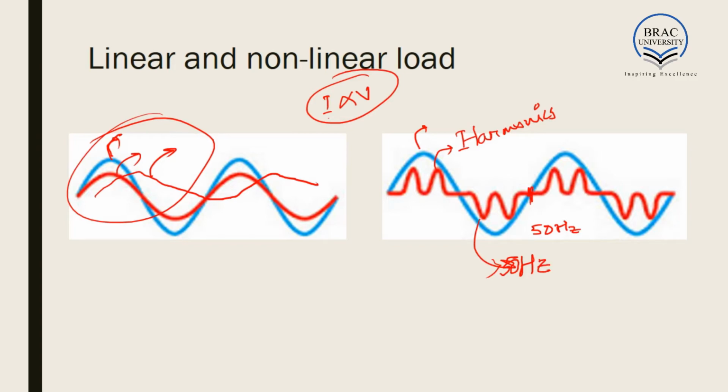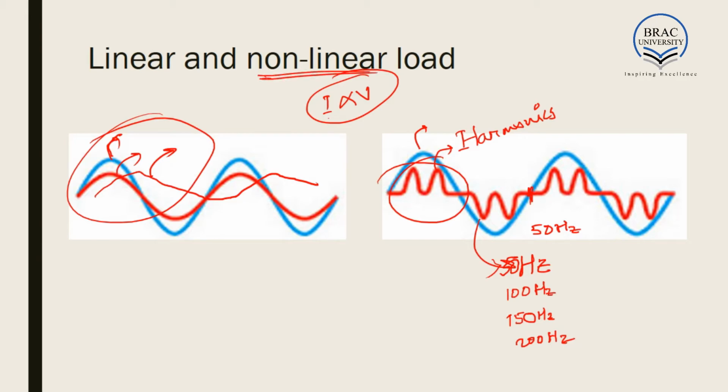There is no problem, but harmonics are present, and because of harmonics, we'll see components at 100 Hertz, 150 Hertz, 200 Hertz. Because of these harmonics, the wave shape of the current changes.